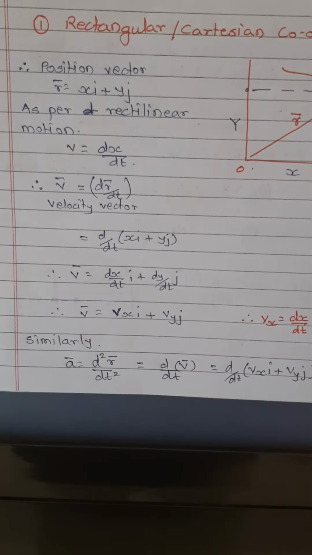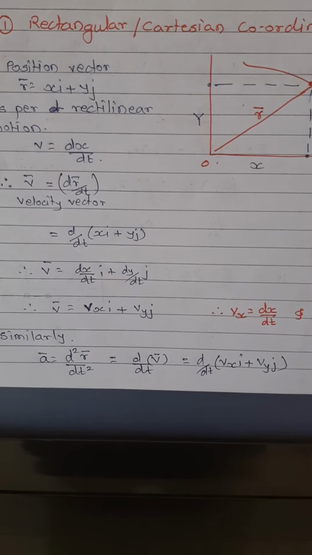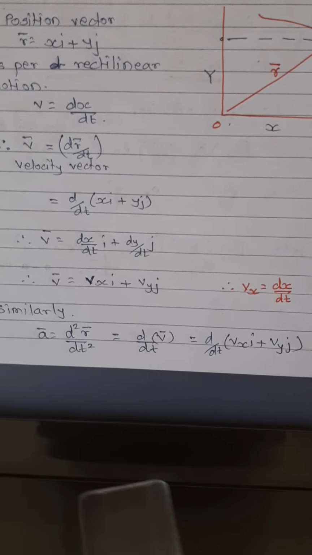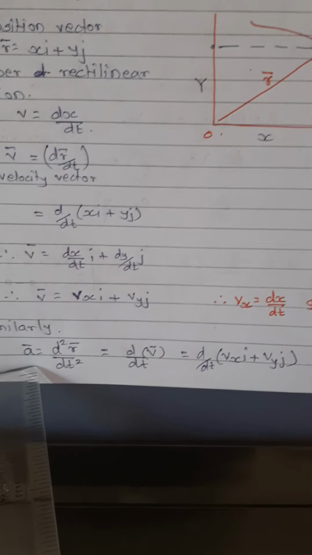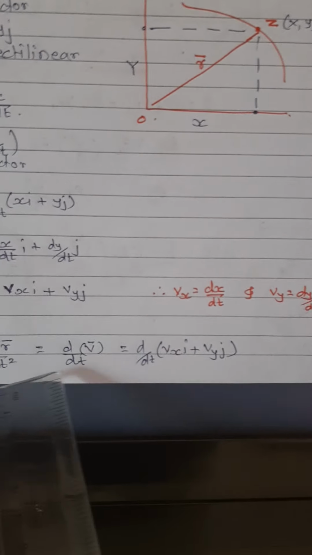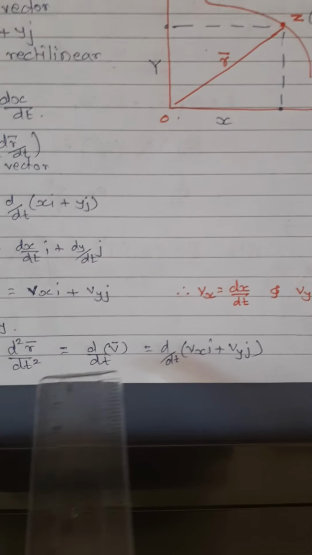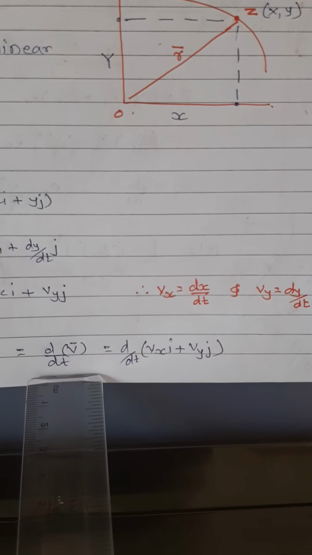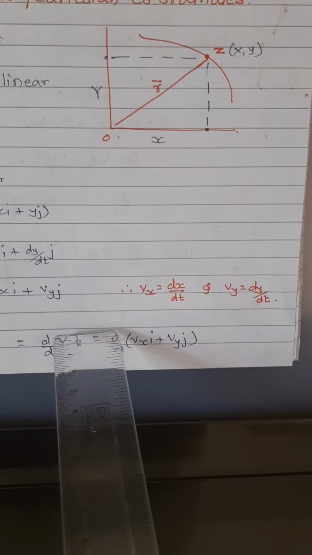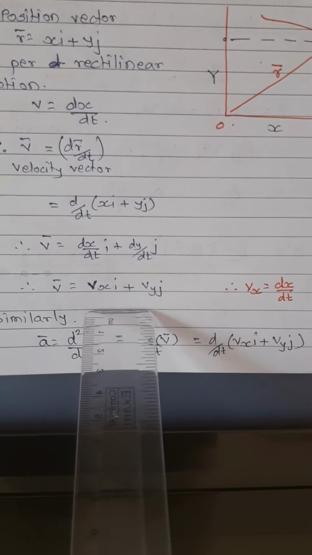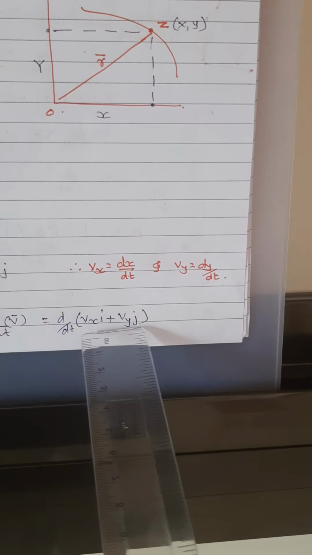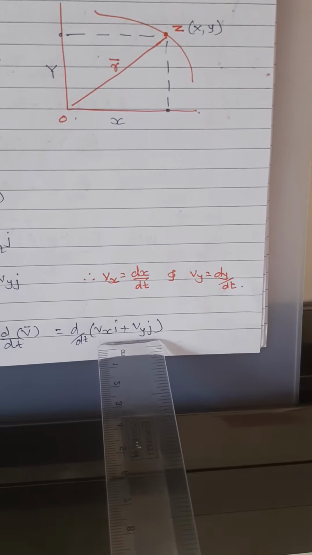Similarly, as per the definition of rectilinear motion, we know a bar = d²r bar/dt², or it can also be written as dv bar/dt, and therefore we can write it as d/dt of this v bar, that is vx i + vy j.